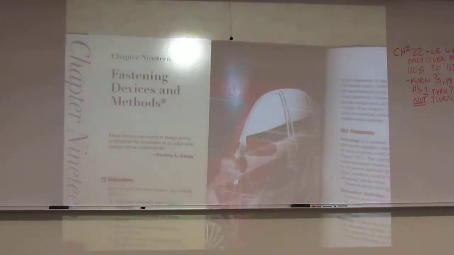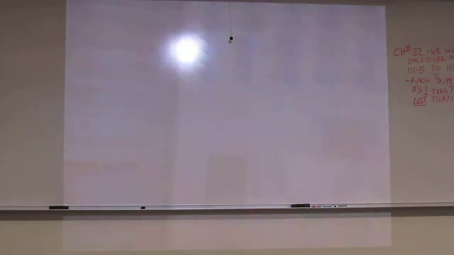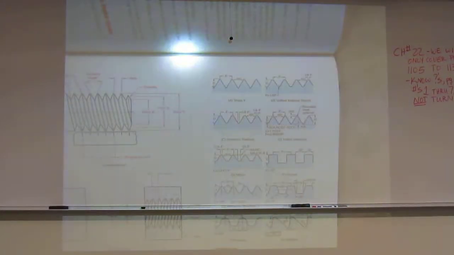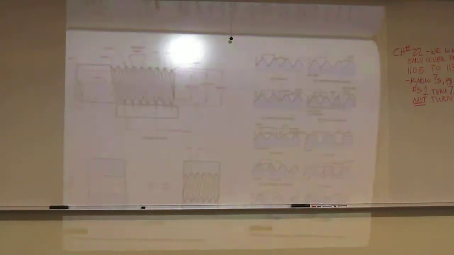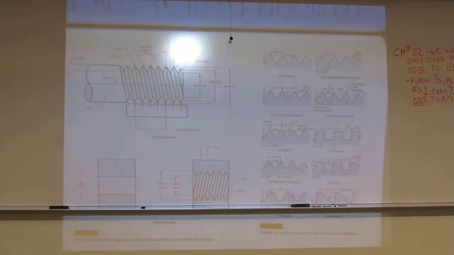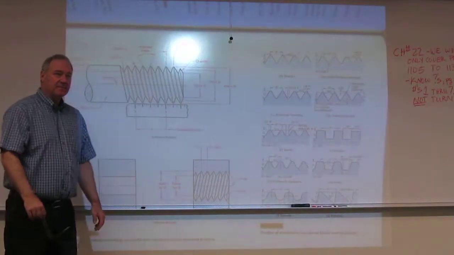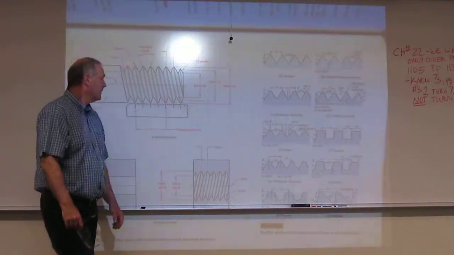We had a bunch of definitions right at the start, so you should know these major ones here. What I'm going to focus on are the ones we need to draw. What do we need to draw?